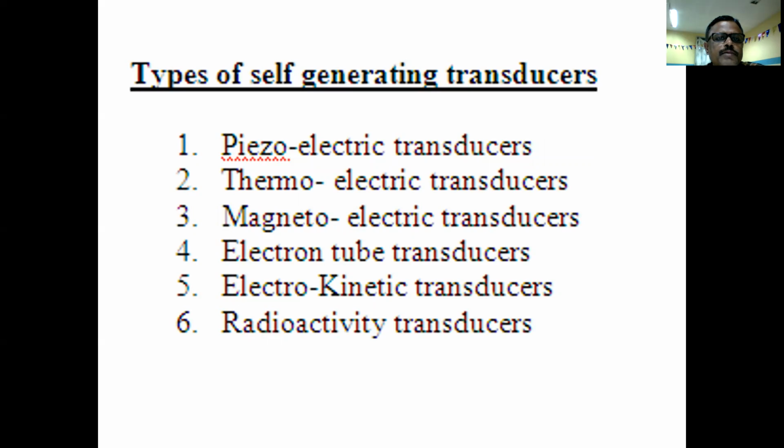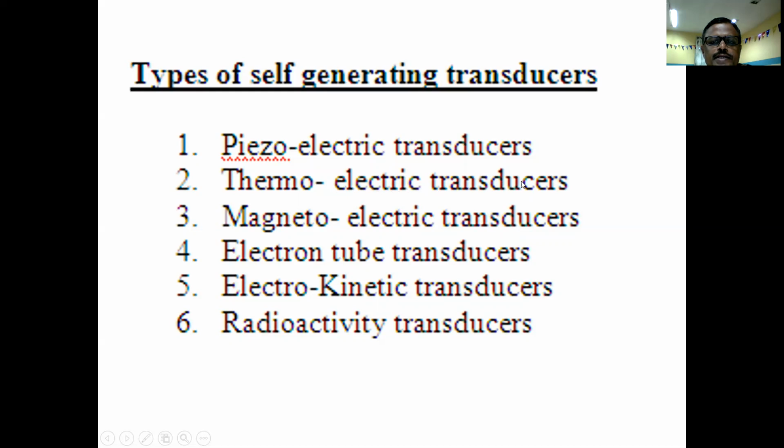So there are different types of self-generating transducers. We have seen previously that self-generating means without external power, they generate current or voltage. Some examples are the piezoelectric transducer, which converts force or vibration into voltage.